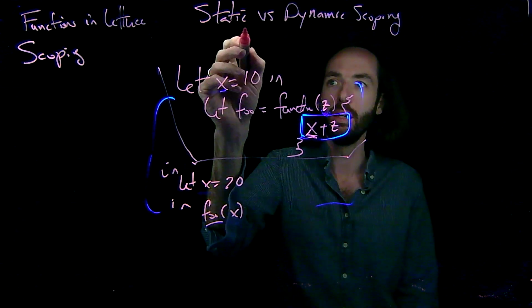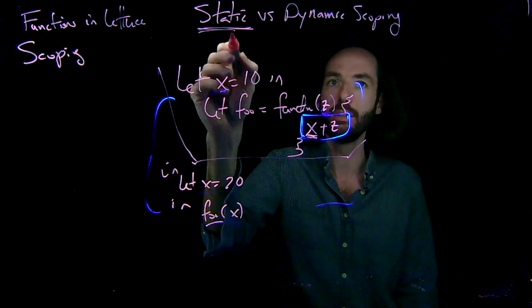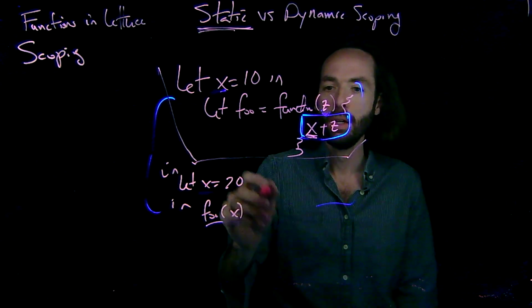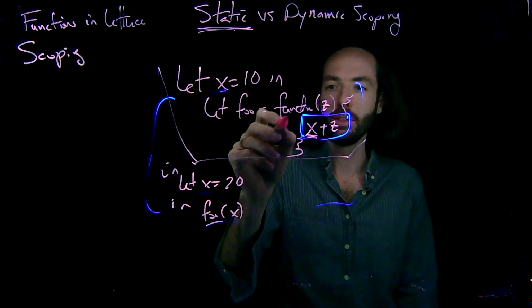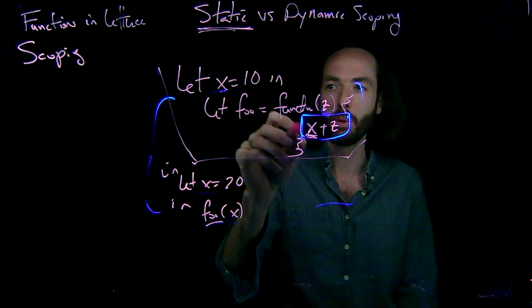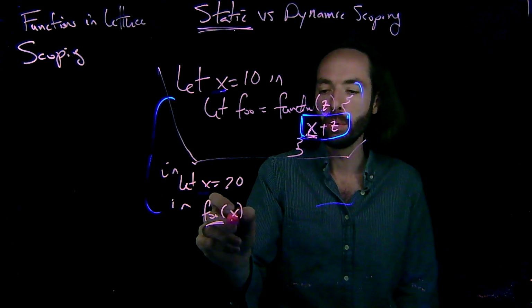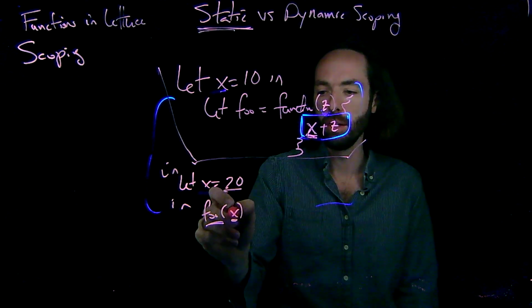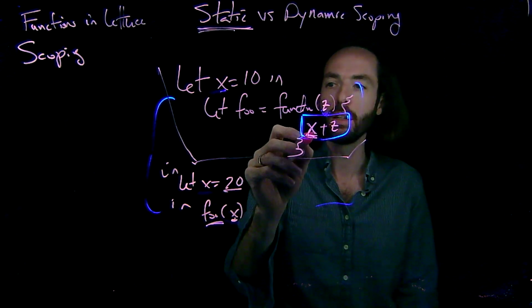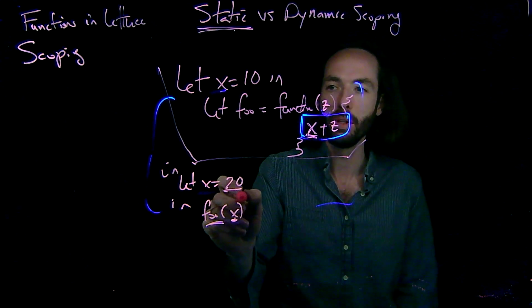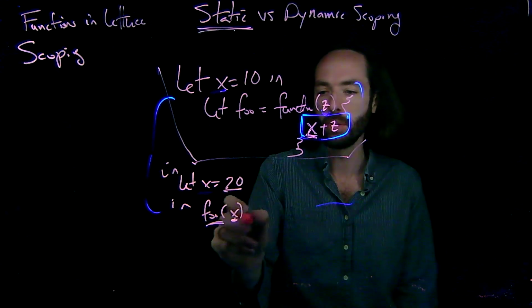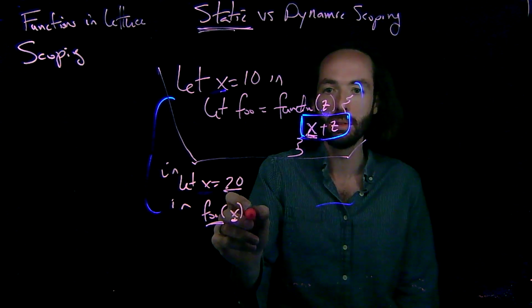And so in Lattice, we're going to be doing static scoping. This means that as soon as we see this x, we replace it with 10, and then when we end up calling foo down here, we will not be using, this x corresponds to 20, but the internal x will be 10, right? So the total answer here will be 30 as opposed to 40.